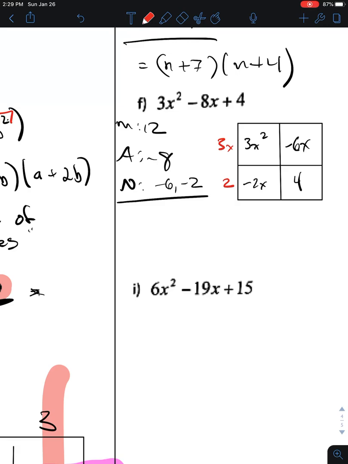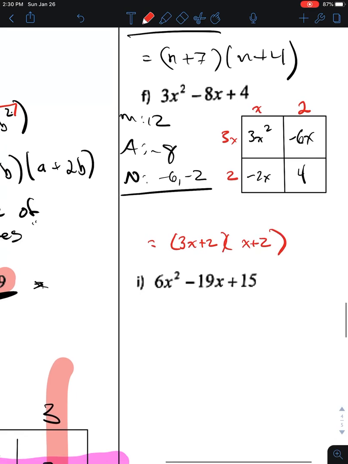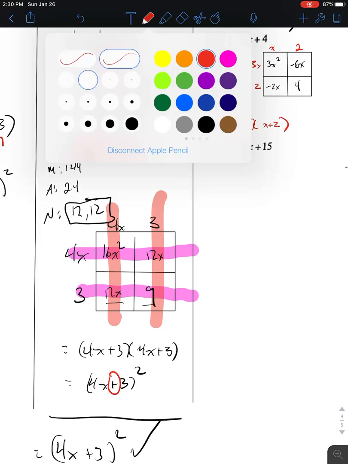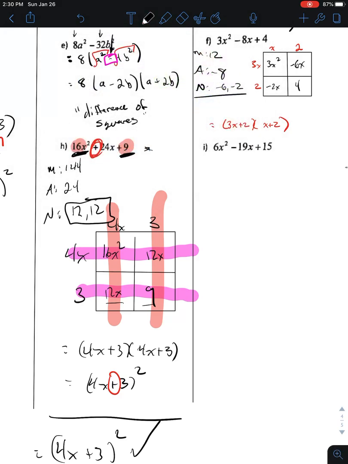The only time you can factor out a negative is when both things are negative. So then I'm going to get an x here and 2. So your answer should be what? 3x plus 2 and x plus 2. Good, buddy.